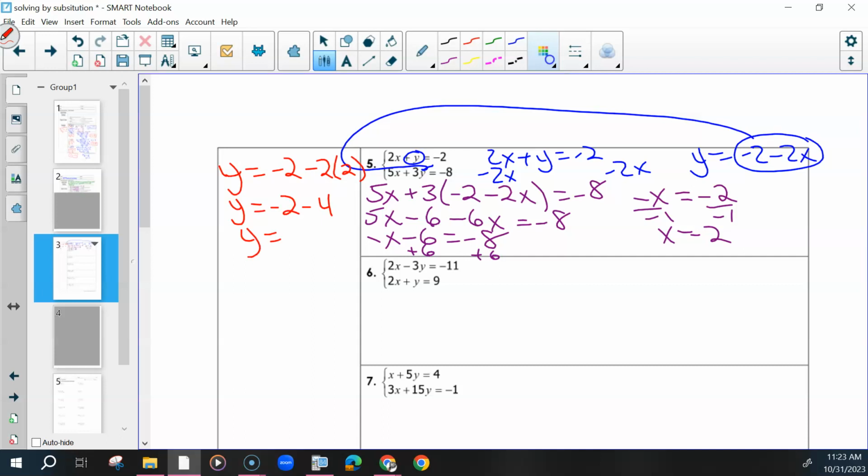So y equals what value? Double check that. If we have a negative, we're going further to the negatives. -6. So (2, -6) would be our answer. That one was a bit more than what we were doing previously because we had to solve at the beginning. Do we have any questions about that?